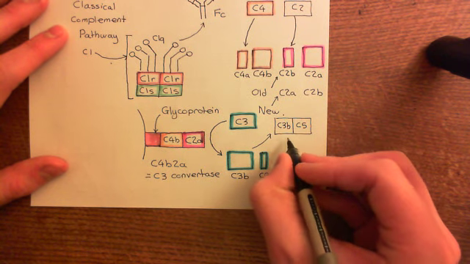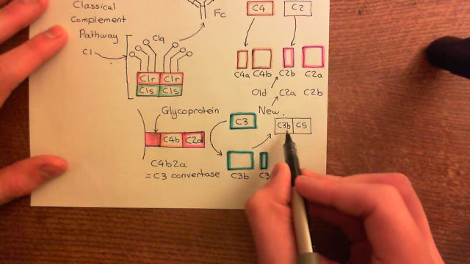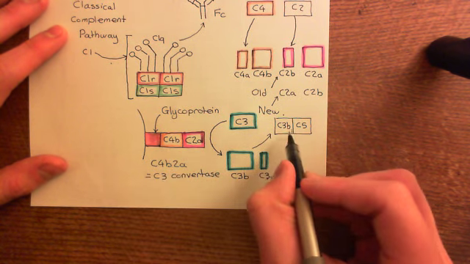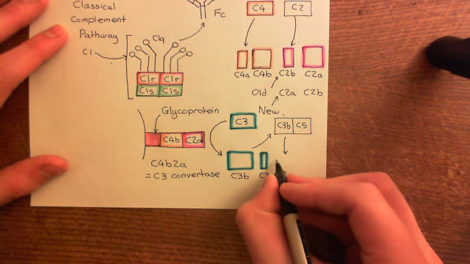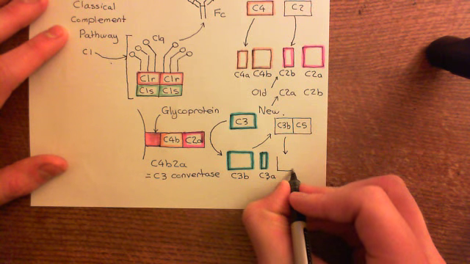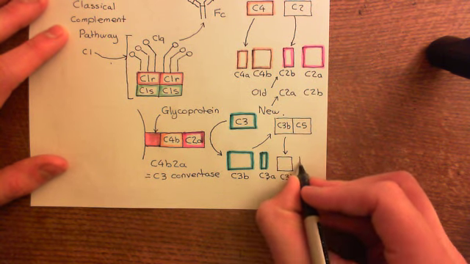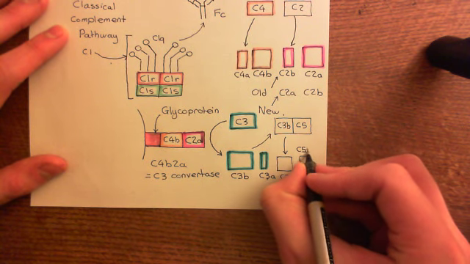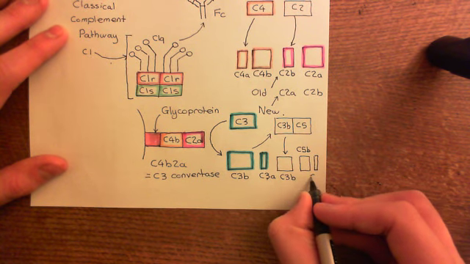Okay, and once you've got C5 bound to C3b, the C4b2A can now work on C5, and it will break it down into, well, three separate proteins. Firstly, you'll regenerate the C3b, and then you'll break C5 down into a big fragment, which is C5b, and then a teeny little fragment here, which is C5a.